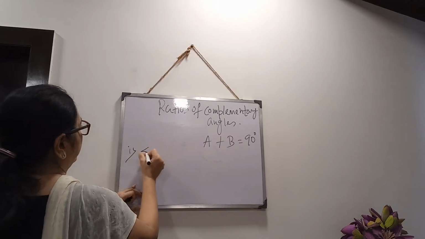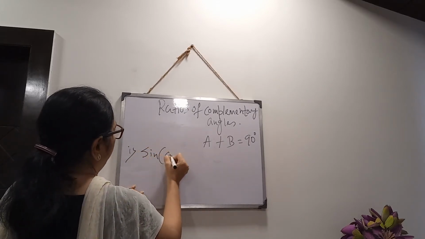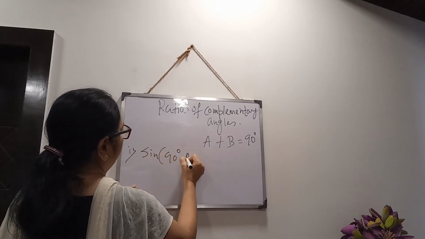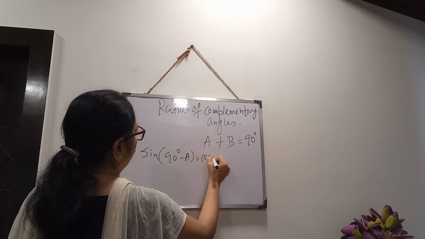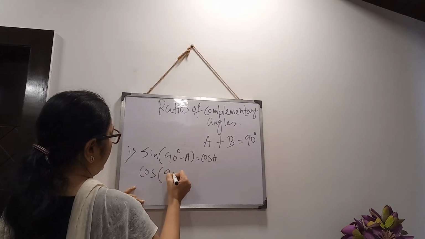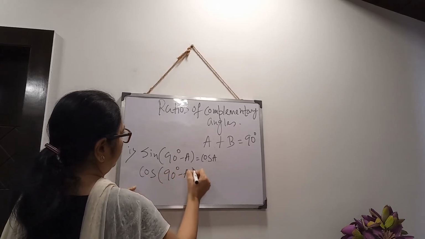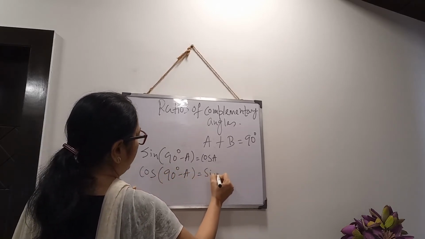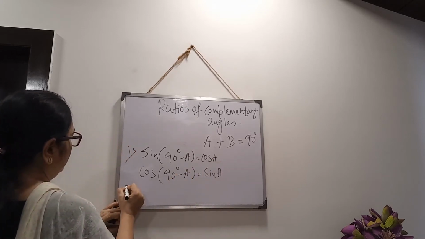We have to use that. One is sin(90 degree minus A) equals cos A. Similarly, cos(90 degree minus A) equals sin A. This is one formula.